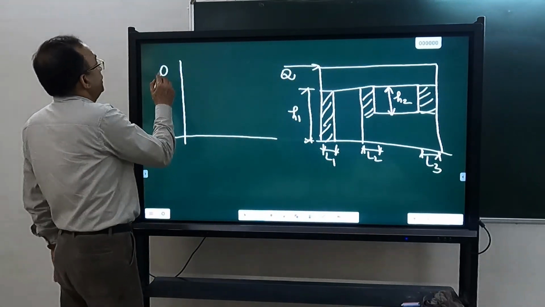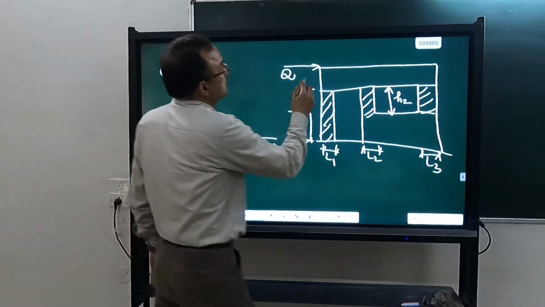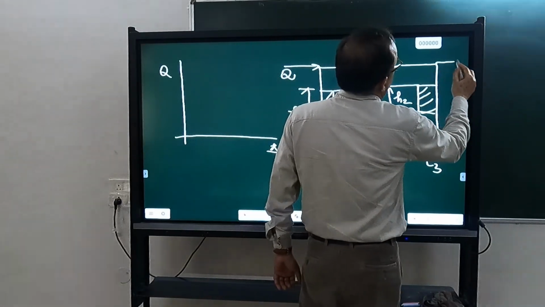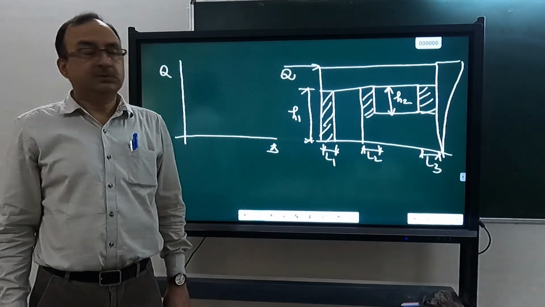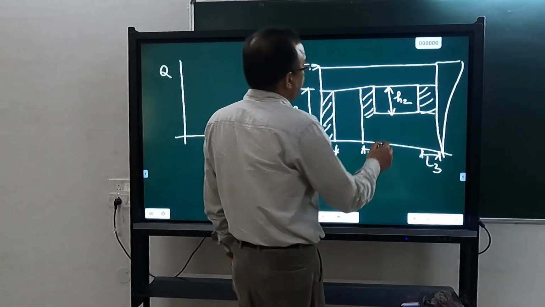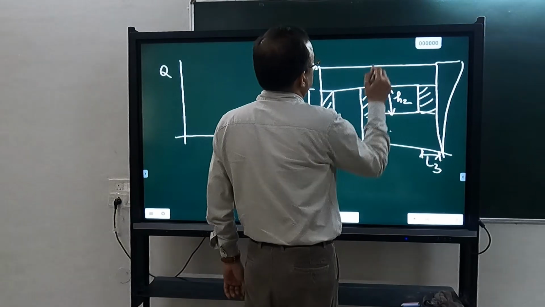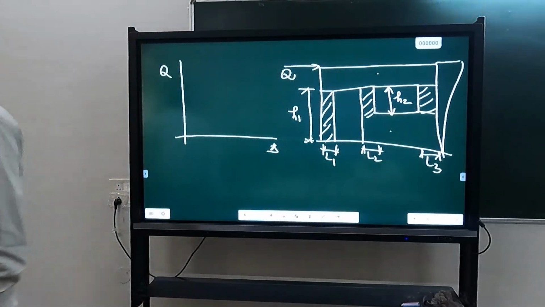Okay, I am plotting Q versus delta. When you apply this Q, this is going to be formed. Okay, let us assume that this and this are rigid because their length is much larger as compared to the other piers. So let us ignore the deformations occurring there.